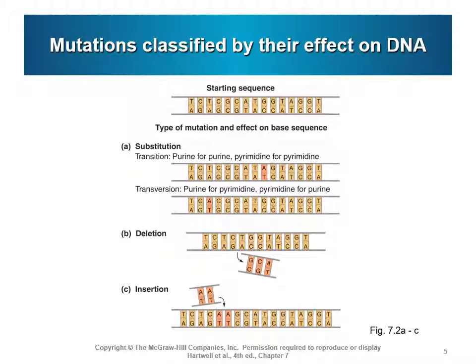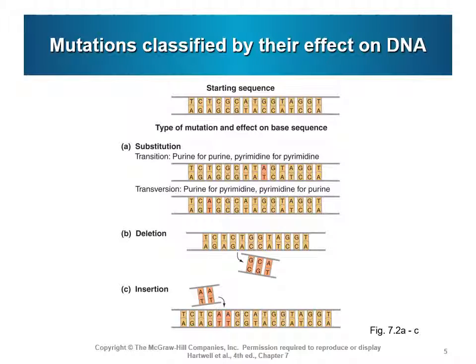Now let's look at a visual picture of those mutation types. The first one that we talked about was the substitution. As you can see, the very first sequence is our original sequence, and then a substitution with transition, where the same base pair type is substituted with a similar type.